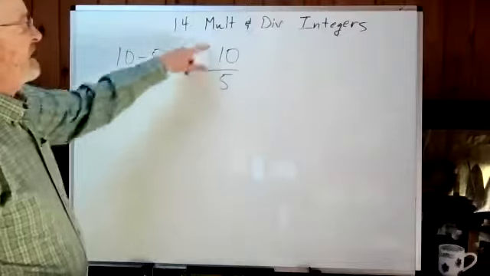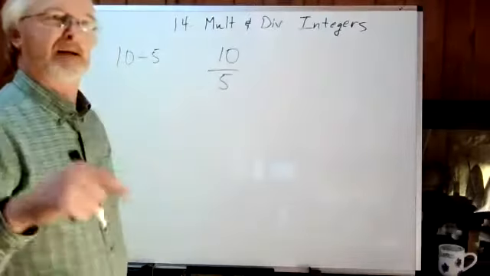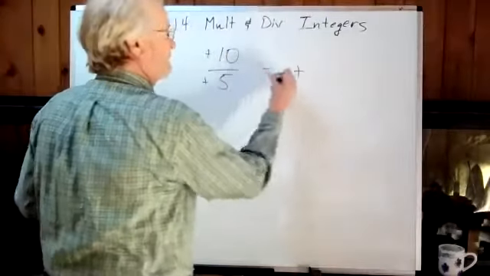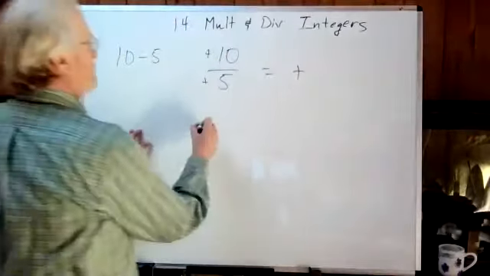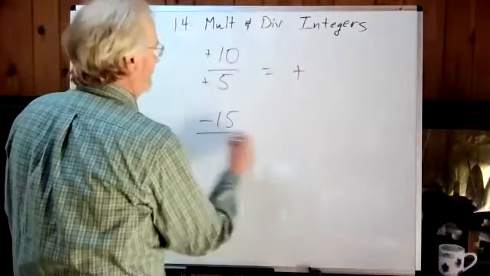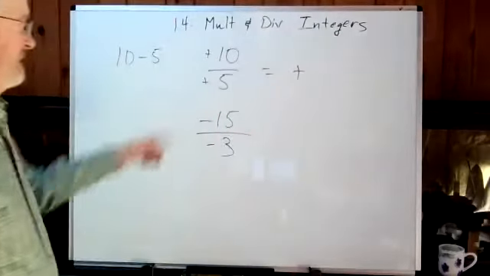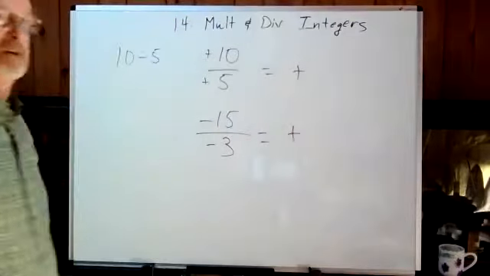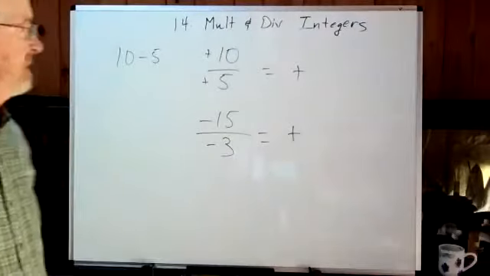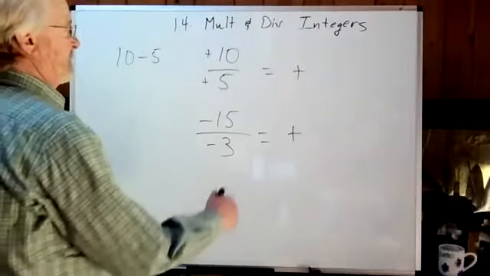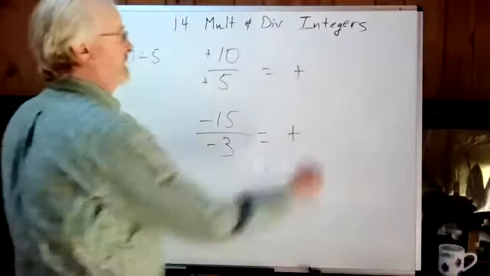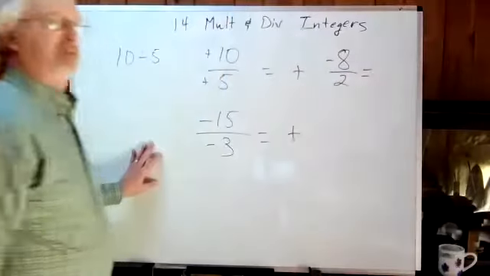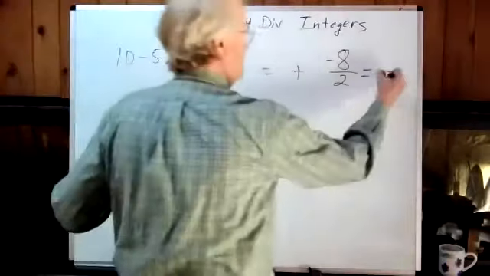So if we're dividing two positive numbers, we get a positive result. If I'm dividing two negative numbers, negative divided by negative, we still get a positive result, just like multiplication. And similarly, if I have a negative divided by a positive, it's a negative result.